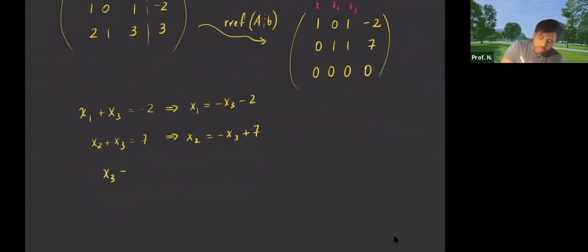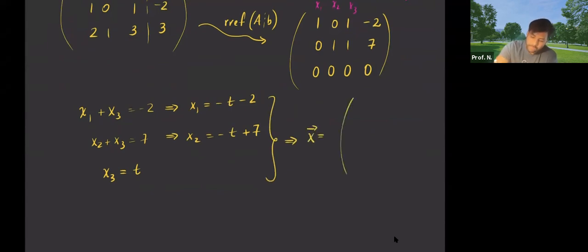What's x3? Well, x3 is something, call it t. And then this will be t, and this will be t. Do you guys see that? So from here, what would be my solution? It will be -t minus 2, -t plus 7, t.